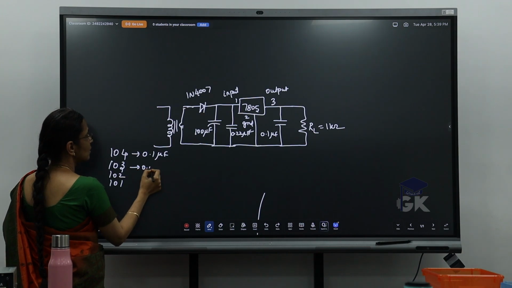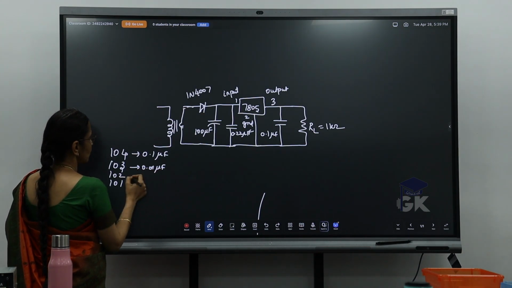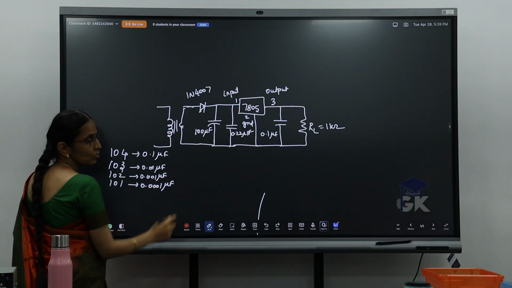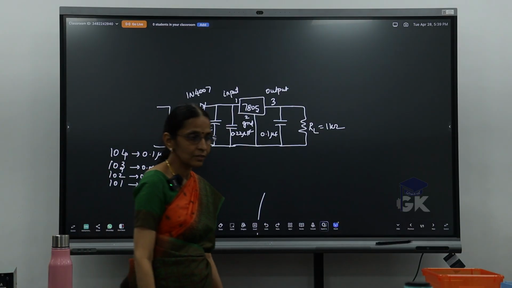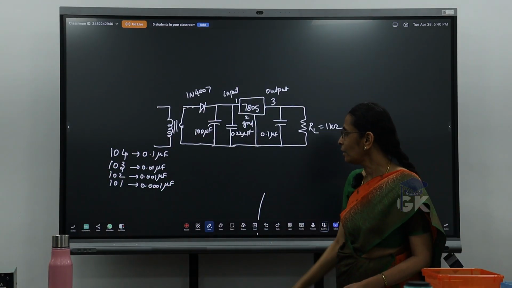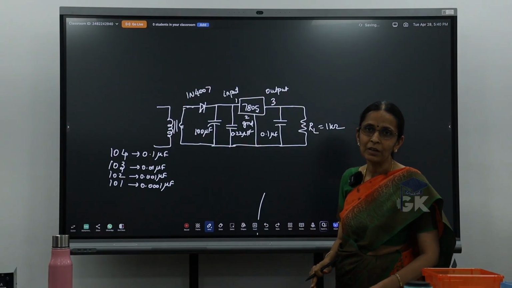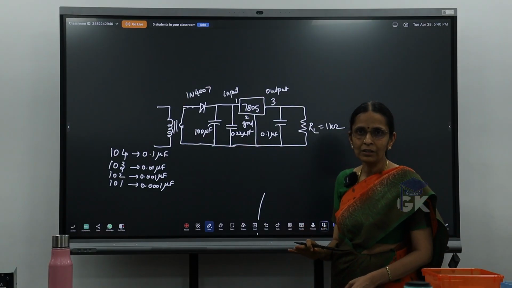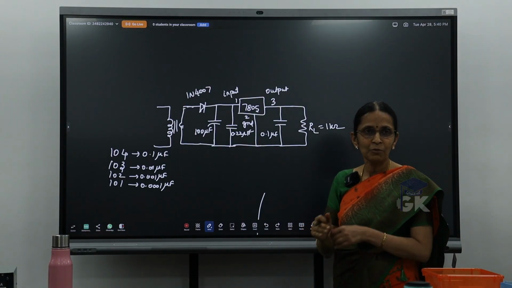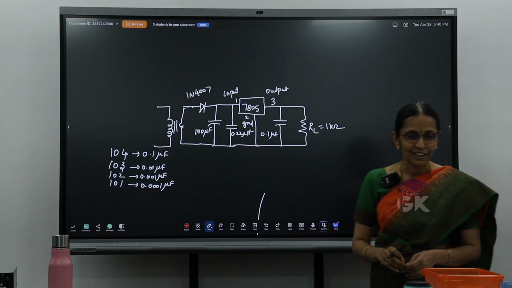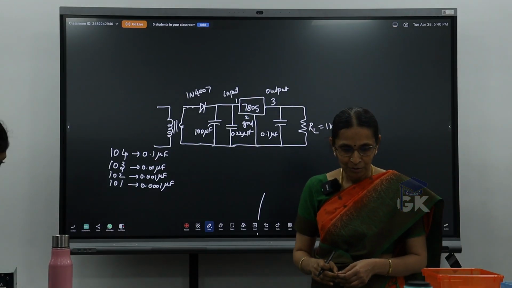This will be 0.01 micro, 0.001 micro, 0.0001 micro. Like that. So it's basically 10 power 4 picofarad, which will give me this 0.1 microfarad. I think you have learnt all these things in the fundamental class. Then why are you not giving me the answer? You should give me the answer, right? I am thinking you don't know.